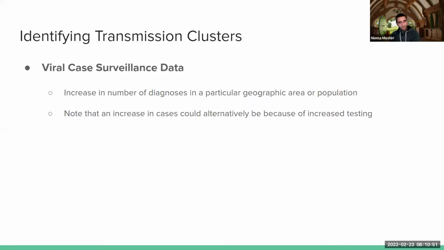So once testing became more easily accessible, you expect the case count to go up just because more infected people are able to get diagnosed. That's one caveat to keep in mind: the case count is the number of infected people who were able to get tested and whom we kept track of. So it's actually a subsampling of the true number of cases.